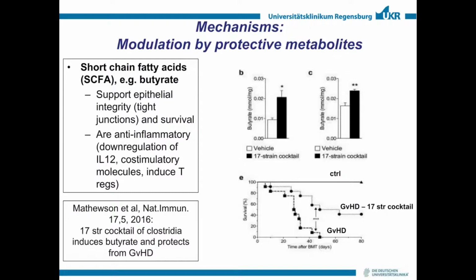As you can see here, the 17-strain cocktail induced higher butyrate levels in the lumen and in the cell wall of the intestinal wall, and if added in a GVH model, it protected against GVHD to some extent as compared to the GVH model without this 17-strain Clostridia. So again, we have here Clostridia producing protective metabolites and protecting against inflammation.